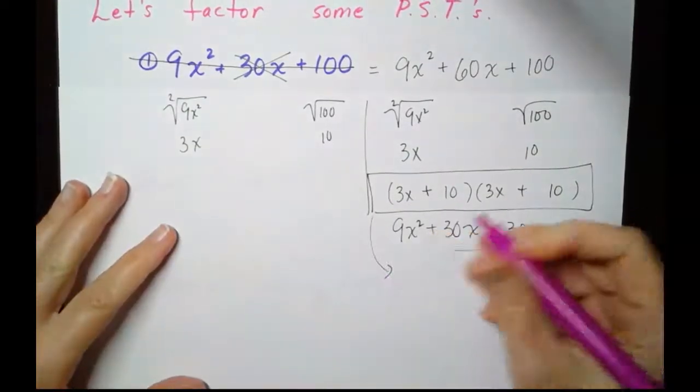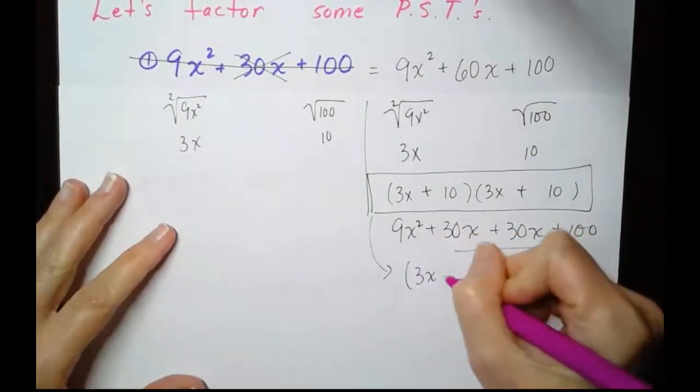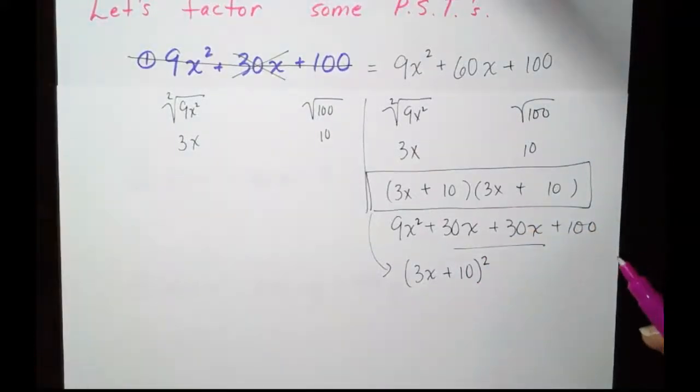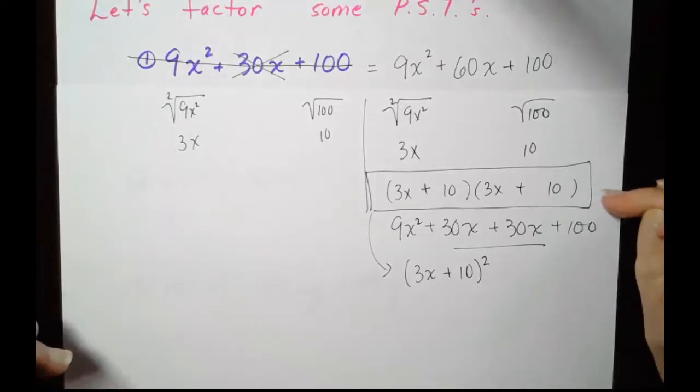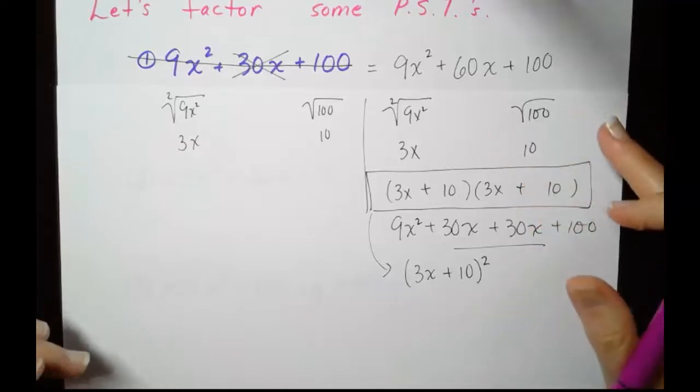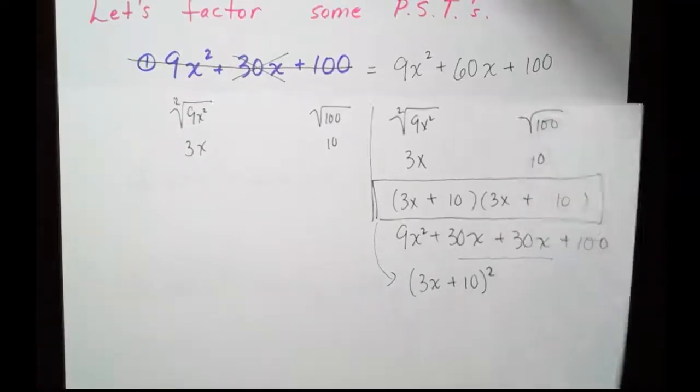Of course, remember, you can write that as 3x plus 10 quantity squared. So this is a perfect square trinomial, but essentially we're factoring it using the guess and check method. We're making our very educated guess based on understanding the characteristics of a perfect square trinomial.